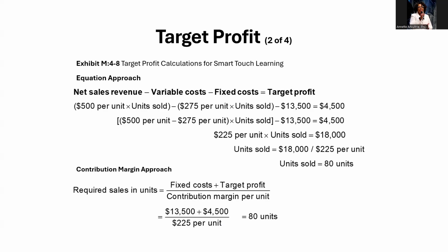And it all computes to units sold, which is 80 units. With the contribution margin approach, you have the required sales in units equal fixed cost plus target profit divided by contribution margin per unit. And if you plug in those numbers, you will get your 80 units.